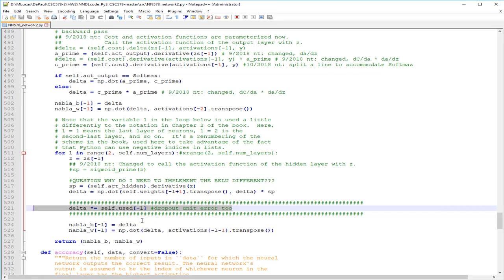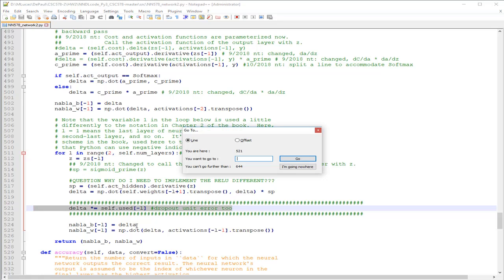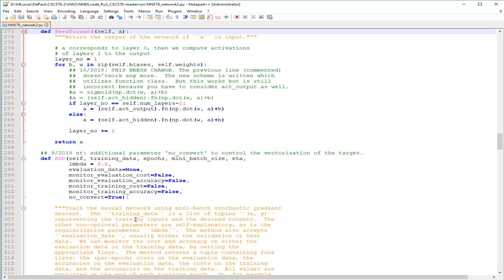We were also asked to modify the functions of feed forward. And the idea was to consider if this was an output layer or a hidden layer in order to use the corresponding activation function.